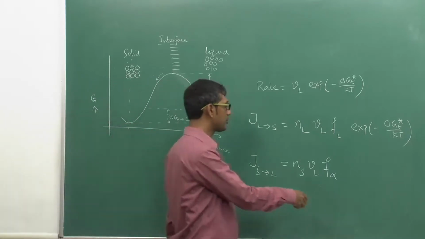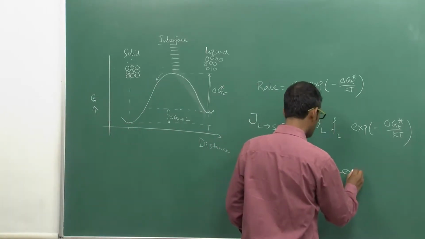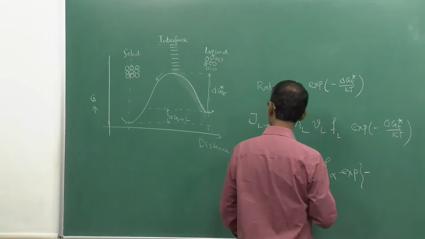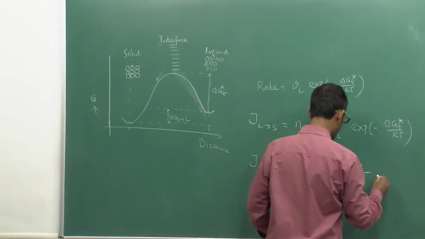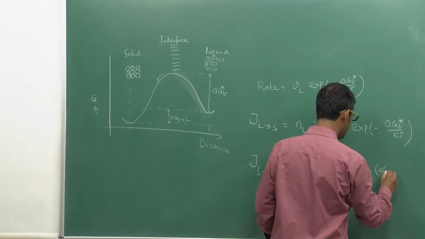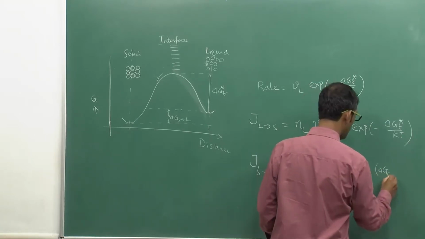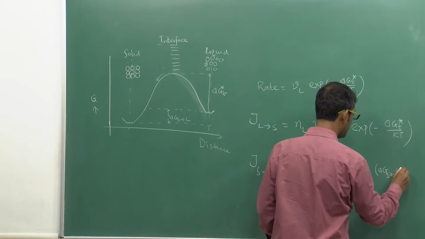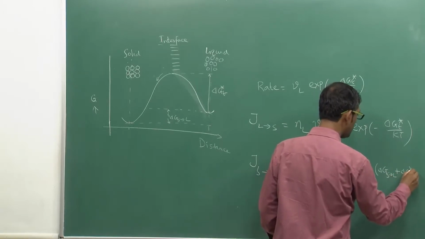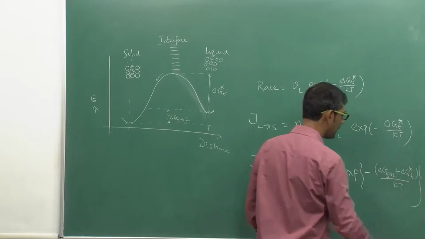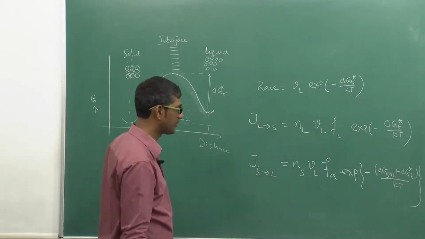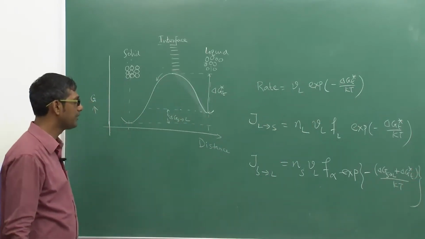So that fraction has to be multiplied, but this will be a different exponential, because the barrier now is this plus this together. So we have to write delta G solid to liquid plus delta G T star, divided by KT. Everything here is on a per atom basis, therefore there is no need of dividing by that.